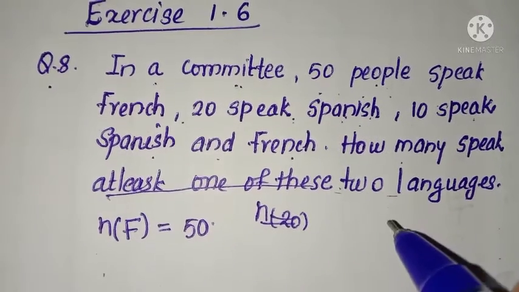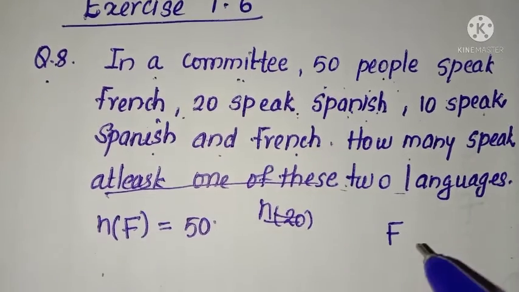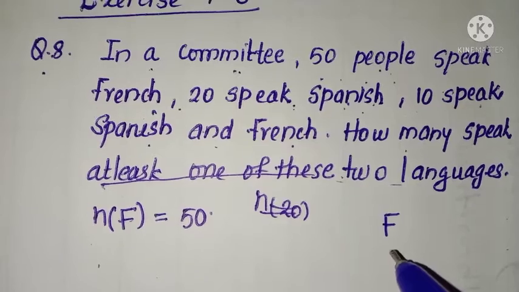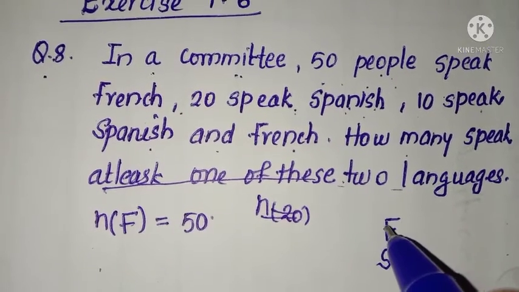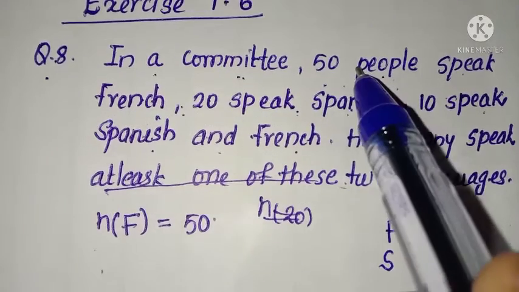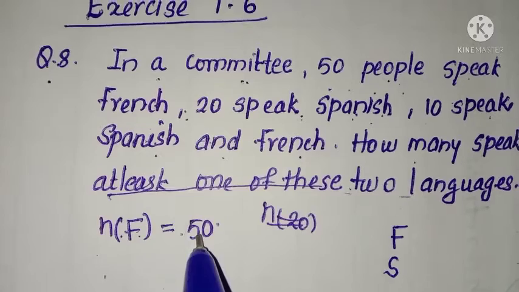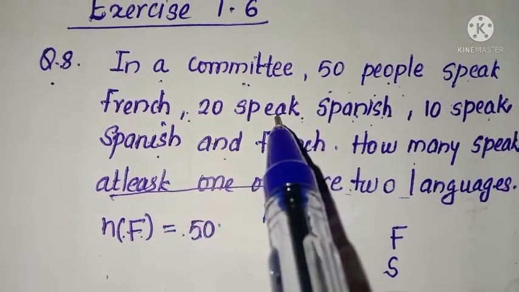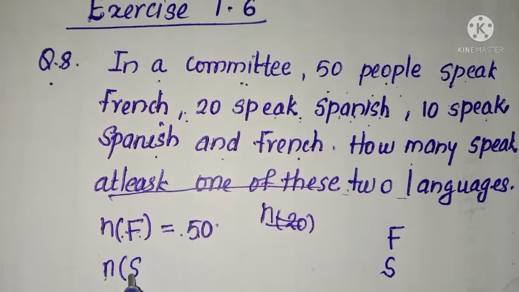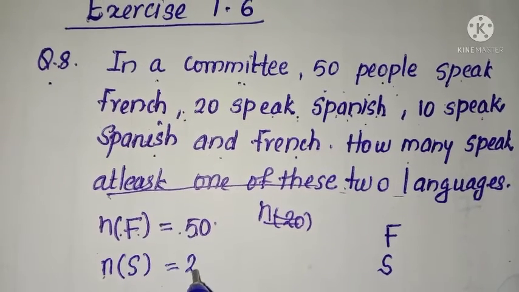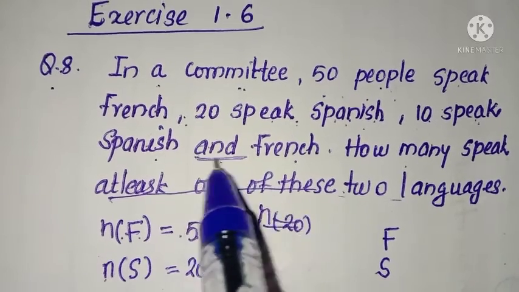Let us consider the set of people who speak French and the set of people who speak Spanish. n of F equals 50, n of S equals 20.